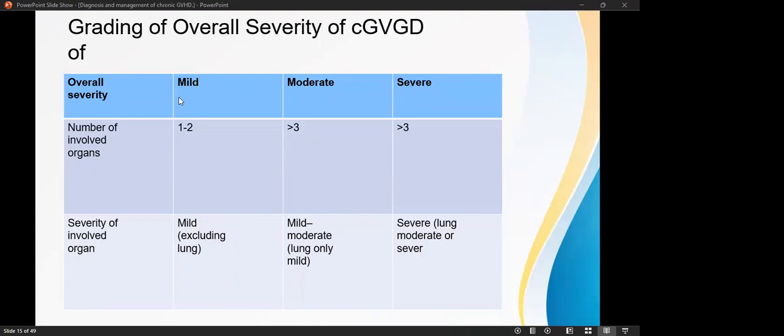When we see the number of involved organs, we can divide it: 1 to 2 will be considered mild, while 3 or more is moderate, and more than 3 with severity is also severe. And the severity of the involved organs can be mild, moderate, and severe, and it includes the lungs as well.